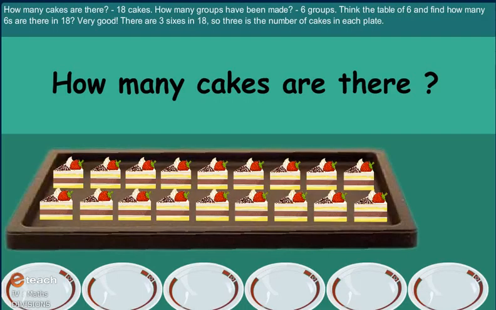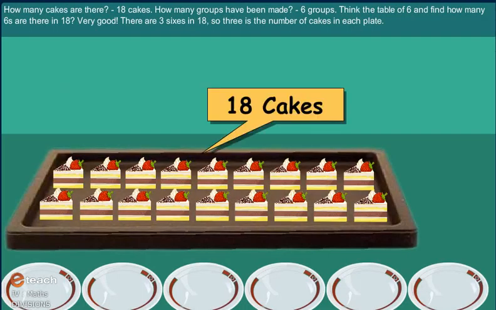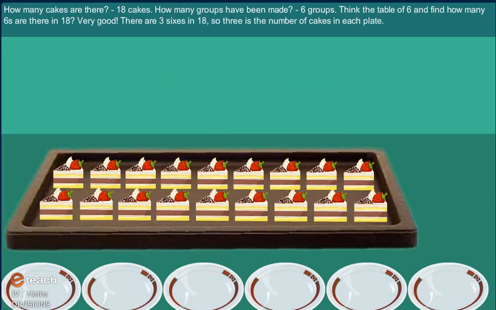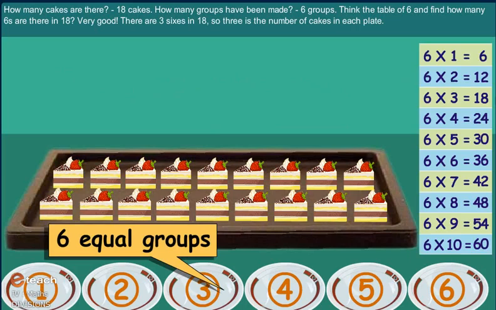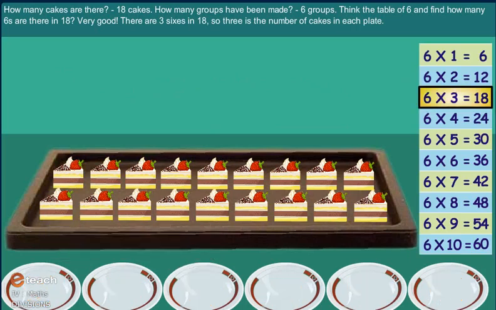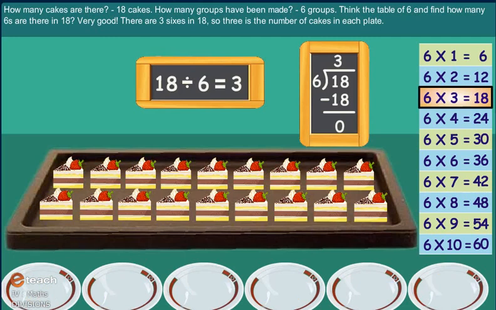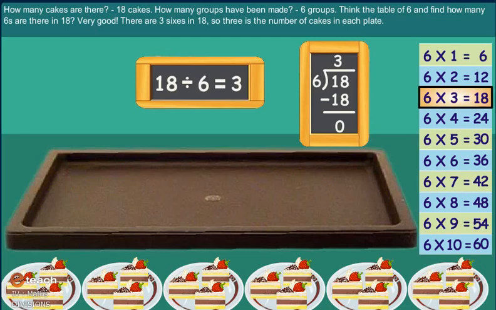How many cakes are there? 18 cakes. How many groups have been made? 6. Think table of 6: how many 6s are there in 18? Very good. There are 3 6s in 18. So, 3 is the number of cakes in each plate.